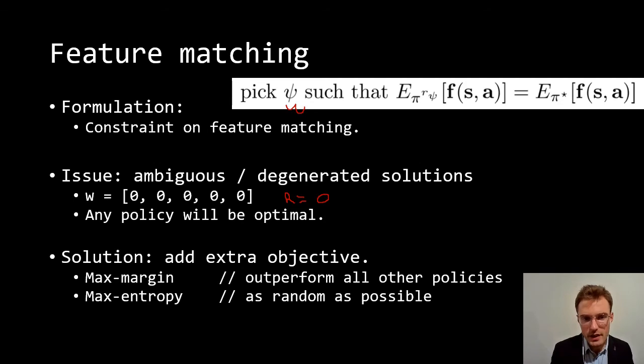The second one we'll be seeing is the max entropy concept, where you're saying again, I want this feature matching constraint, and then I want to optimize the entropy. We will need to introduce some probability distribution, the probability of a trajectory under the given weight, and this probability should have the maximum entropy. Just to mention, we have a constraint, and now we add an optimization objective in order to get rid of these ambiguous solutions.